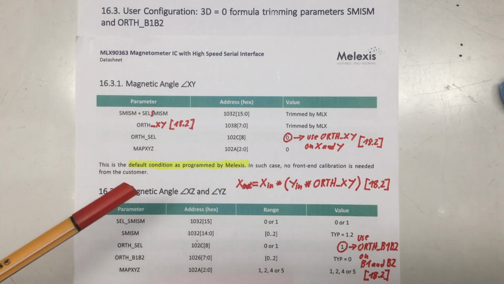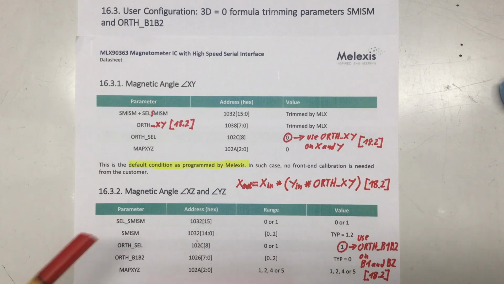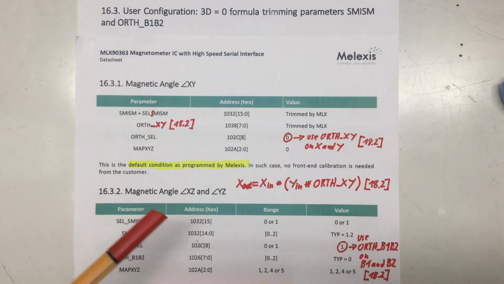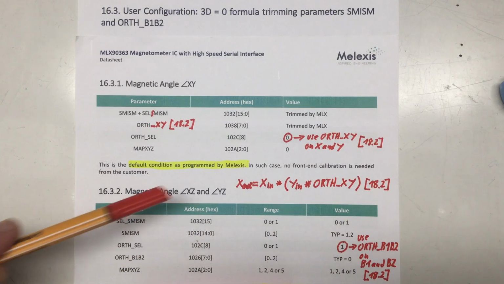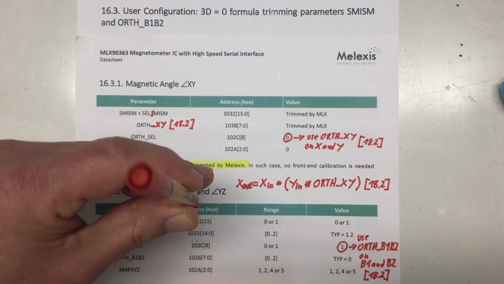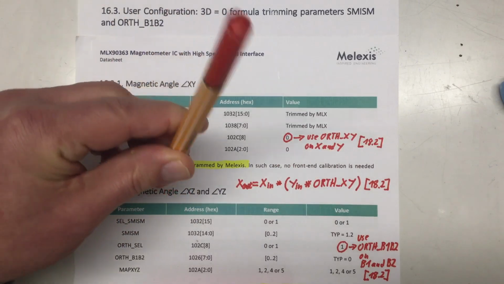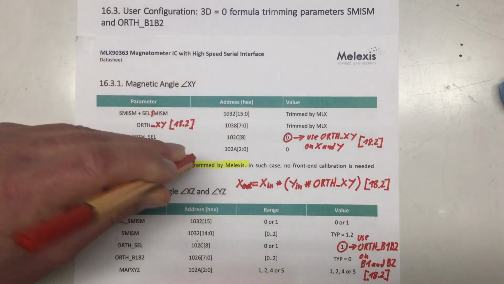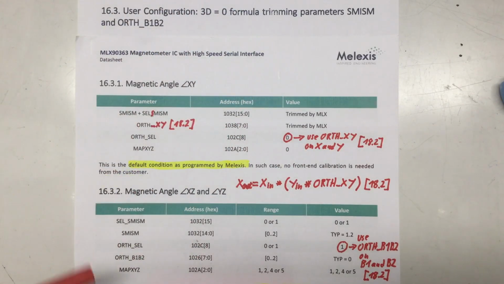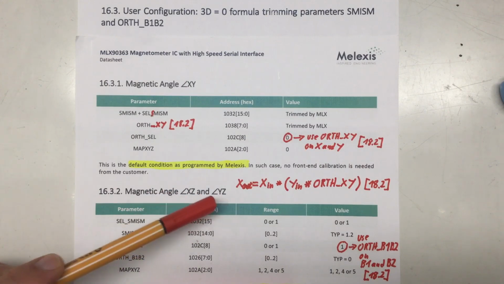You probably remember that every time we looked at chapter 16.3.2, magnetic angle X, Z and Y, Z, I stated that this is for 3D measurement of the magnetic field angle, delivering us two angles.